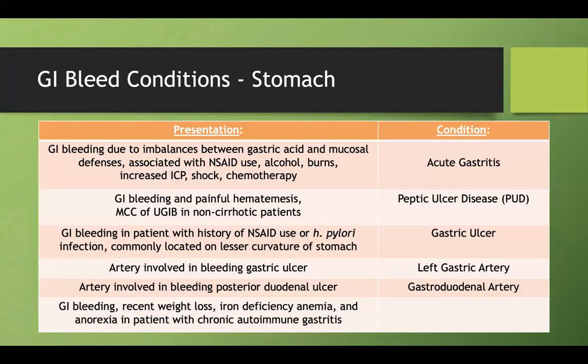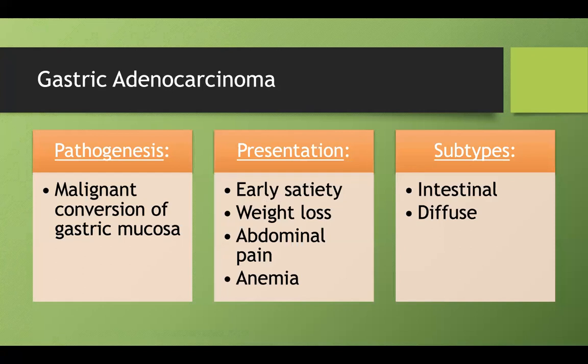And what if you had GI bleeding, weight loss, iron deficiency anemia, and anorexia in somebody who has chronic autoimmune gastritis? That's describing somebody who may have gastric adenocarcinoma. And again, in our gastric adenocarcinoma lecture, I mentioned anemia as a cause, and that's likely due to occult blood loss causing iron deficiency anemia.